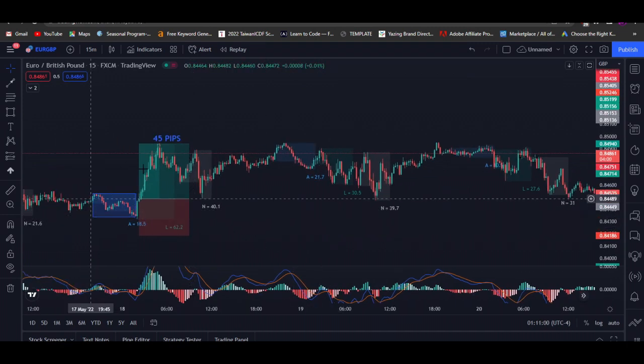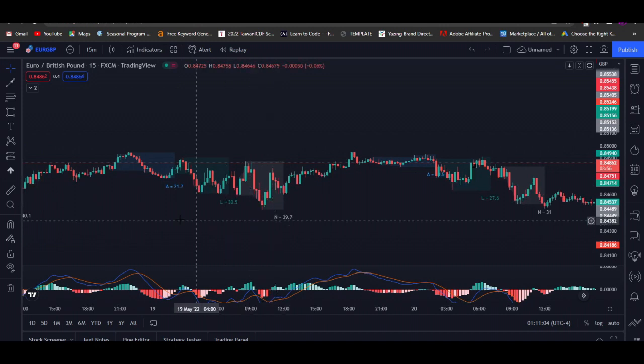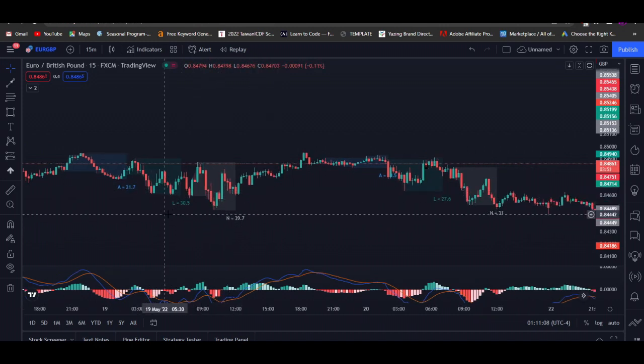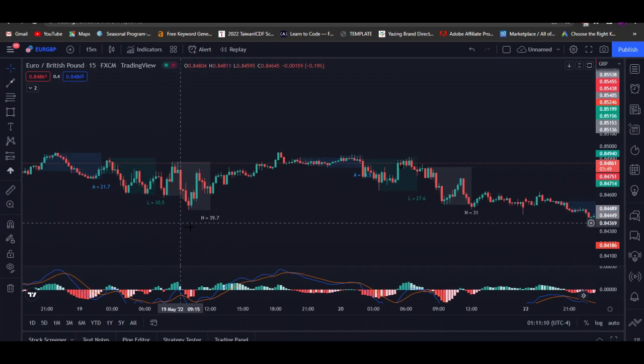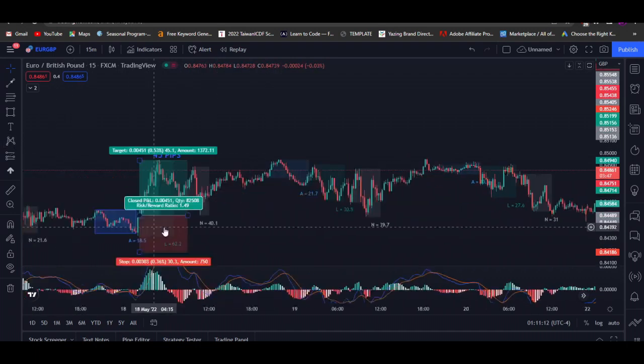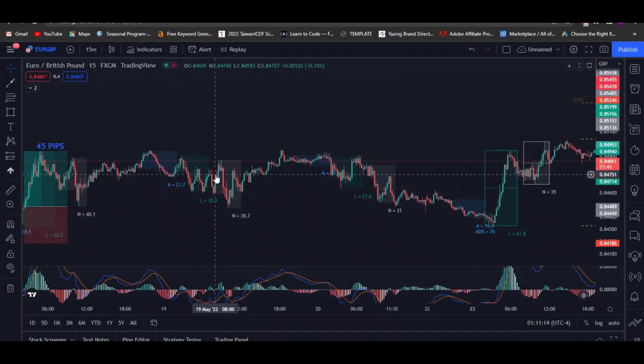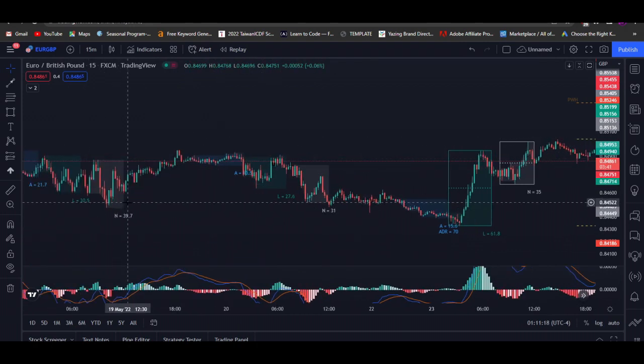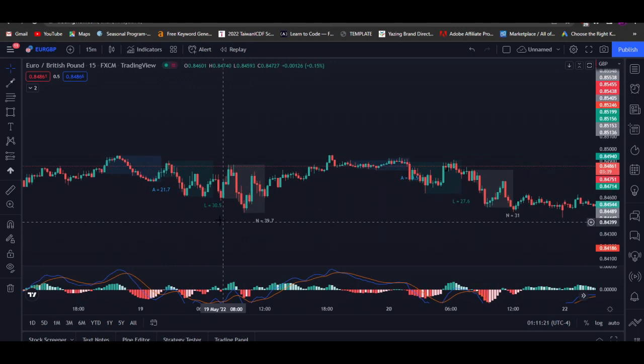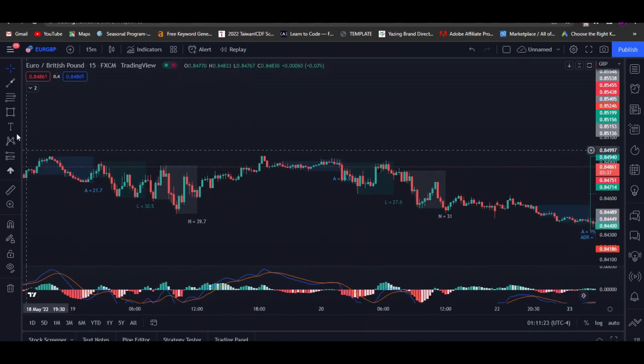Now we're coming on the 19th of May. We were looking for a buy setup because price went up the previous day. So we're looking for a buy setup, and price gave us a buy setup right here. But as you can see, for May 19, price kind of consolidated right here. There wasn't very much movement, but we still would have taken a trade.